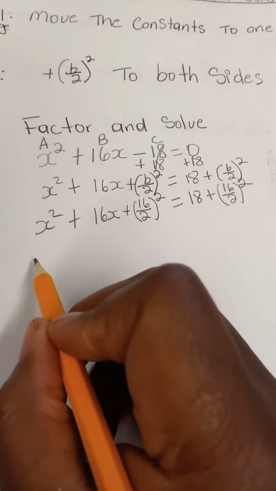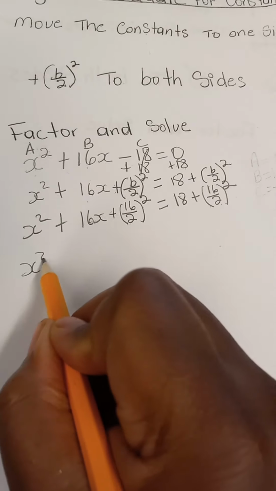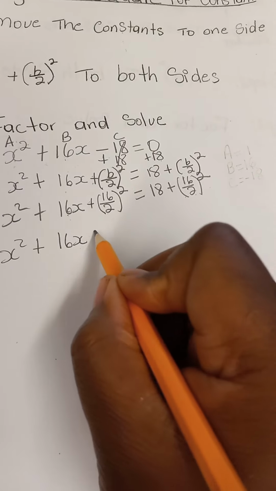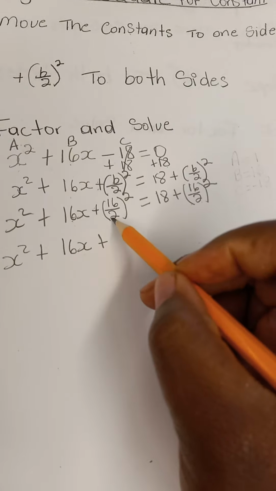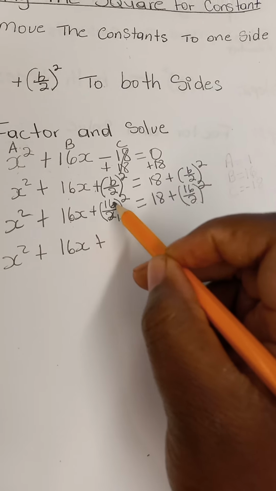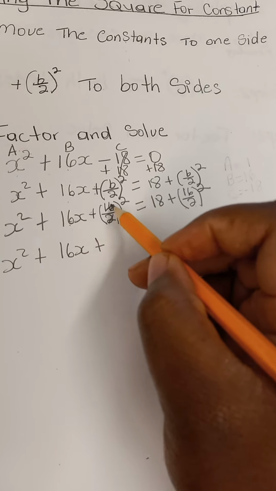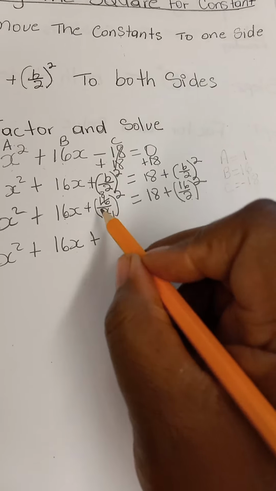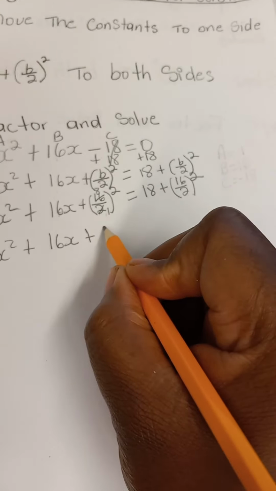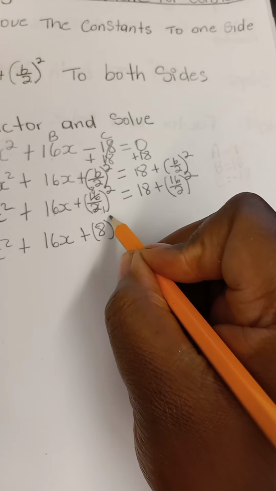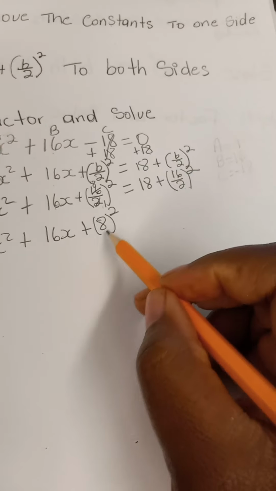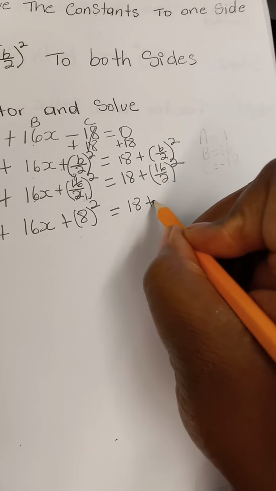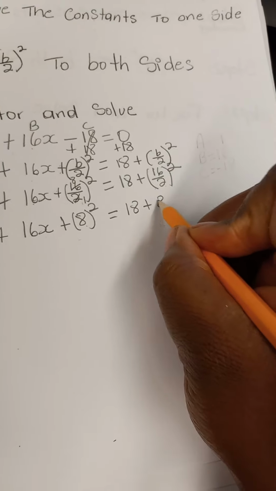So now here, I have my x squared plus my 16x. Plus, I'm going to simplify. 2 goes into 2 one time. How many groups of 2 in 16? It's 8. 8 times 2 is 16. So now I have my 8, and don't forget your square. You don't have to put the parentheses. You could just leave it as that, which is equal to 18 plus 8 squared.